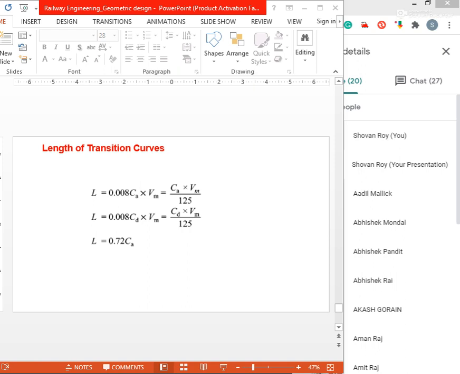But what is VM? VM is the velocity on the main track.